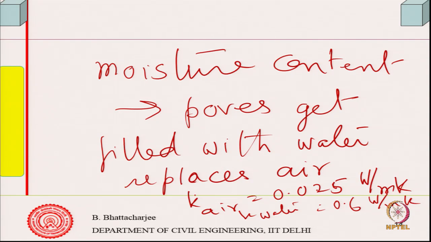So you can see it is nearly about 25 times more. Water conducts nearly 25 times more; 0.025 multiplied by 25 will give you around 0.625. So it conducts more.